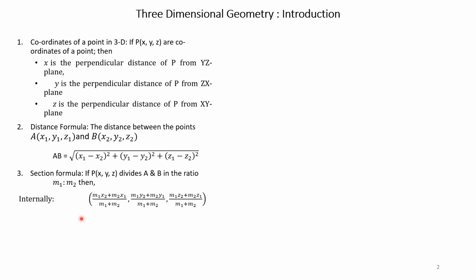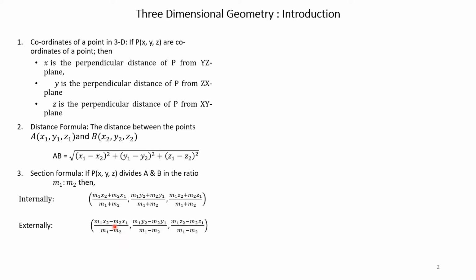Now when P divides it externally, the formula slightly changes. For external division, the formula is m1 x2 minus m2 x1. Previously, it was m1 x2 plus m2 x1. In this external case, it is (m1 x2 minus m2 x1) divided by (m1 minus m2).